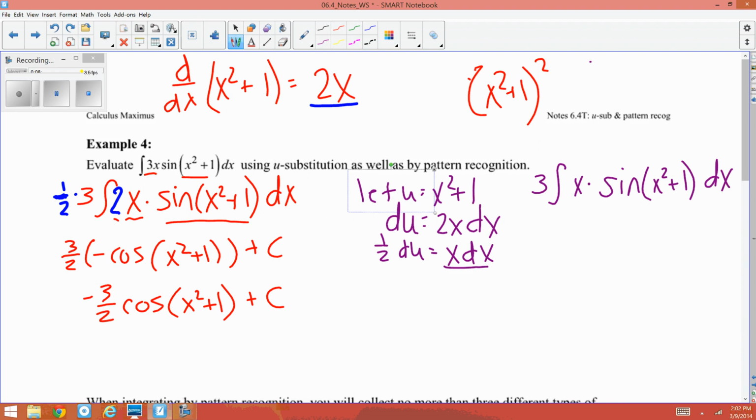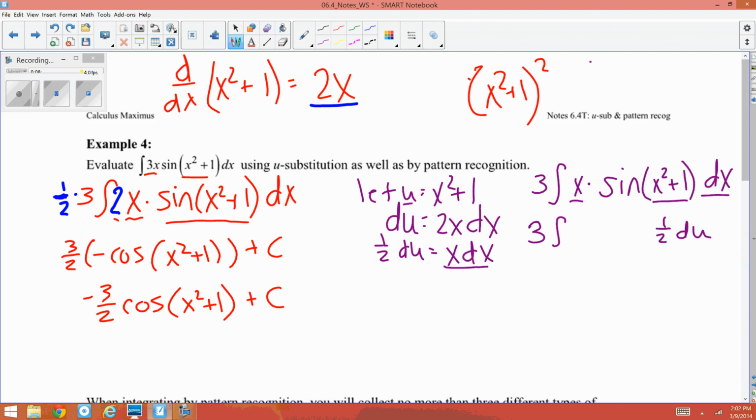Now I have this. I let u equal this part, so there aren't any x's left. So now I can rewrite this as 3 times, and instead of writing x dx, I'm going to write 1/2 du.